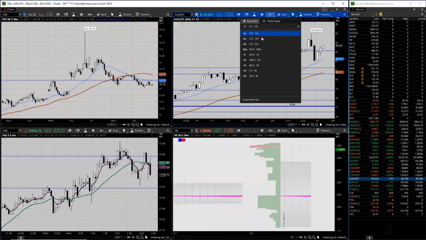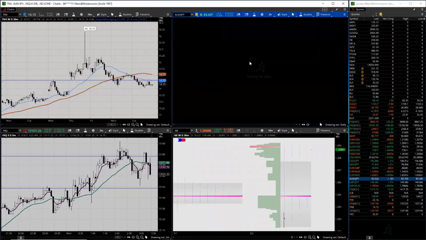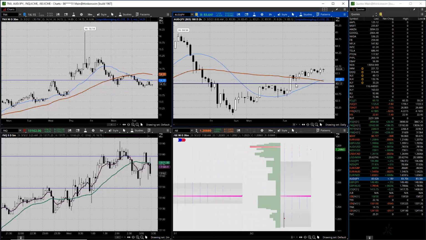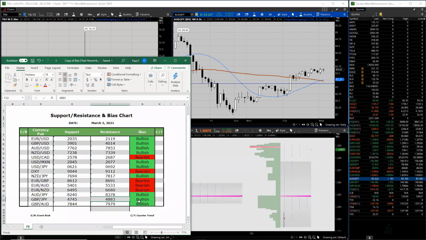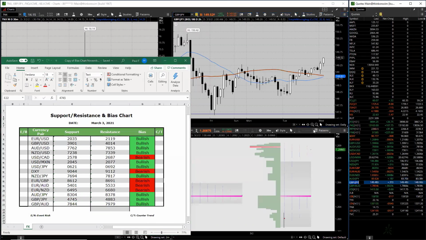Take a look on the 2-hour chart. Right there, 83.04. Onto the guppy.